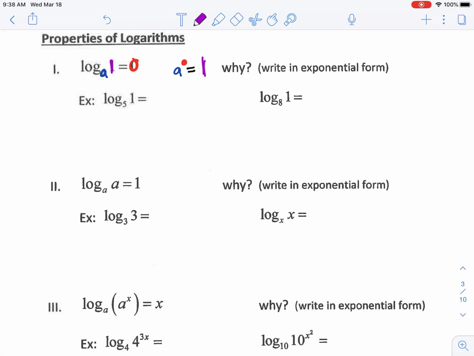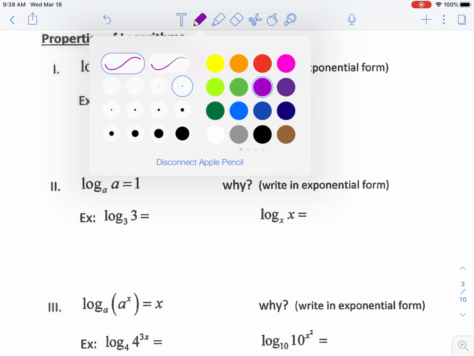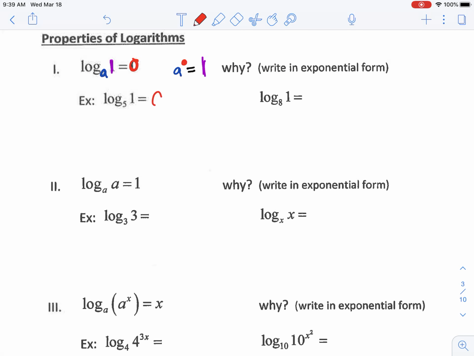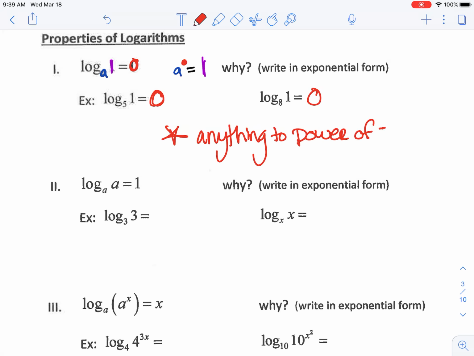So anytime you see 5 to the 1 in your log base, you should be getting a 0. Anytime you see a base and a 1, you should be getting 0. Because anything to the power of 0, sorry, is 1.